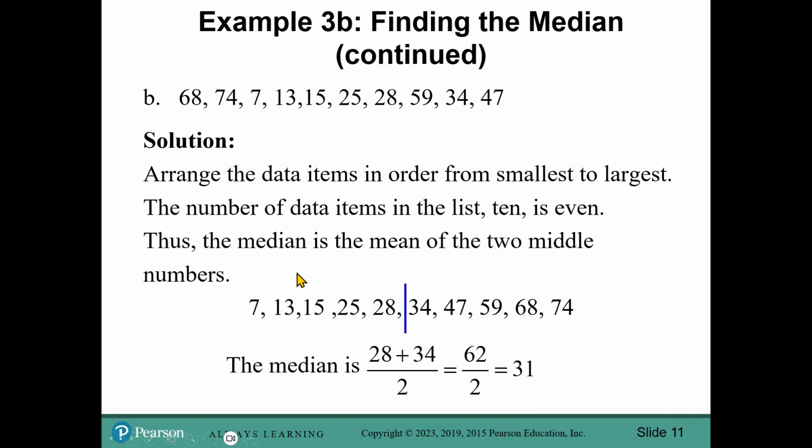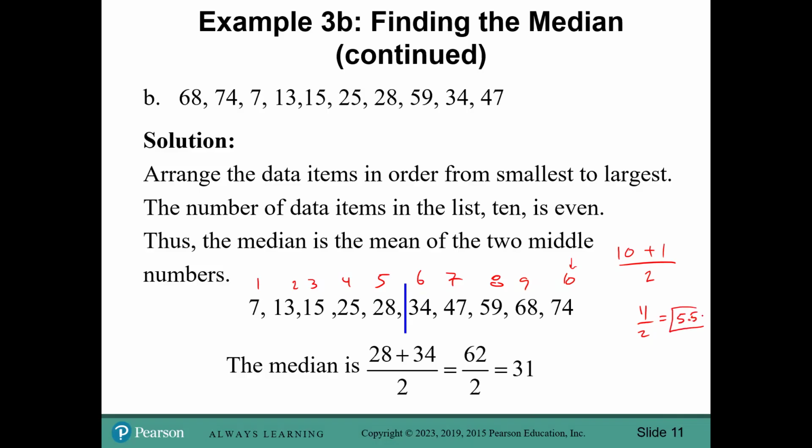So on this particular set of data, I have 1, 2, 3, 4, 5, 6, 7, 8, 9, 10. And if I try that same idea, add 1 to the highest value, the highest n number, and then divide that by 2, I get 11 over 2, which is 5.5.